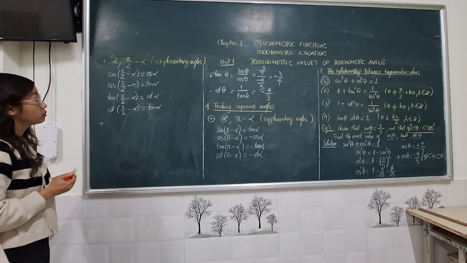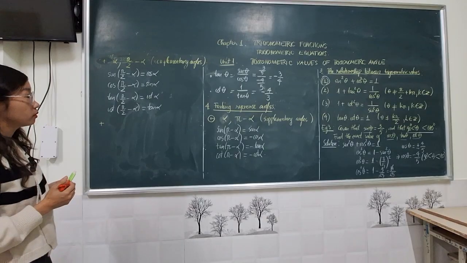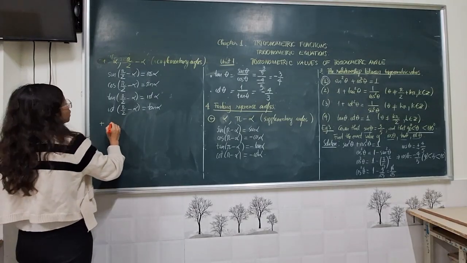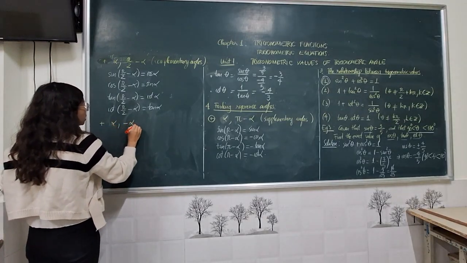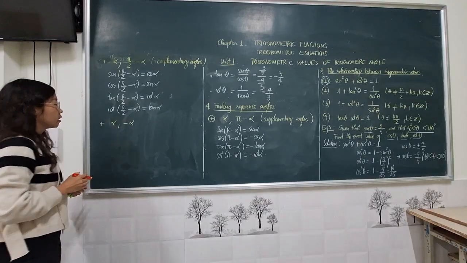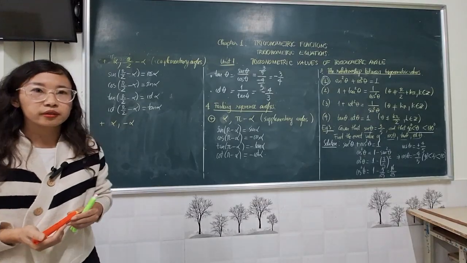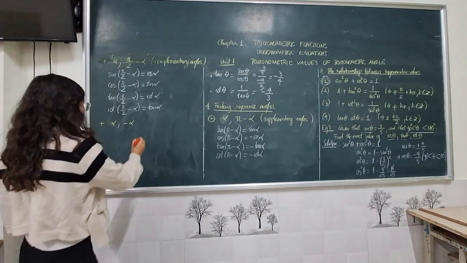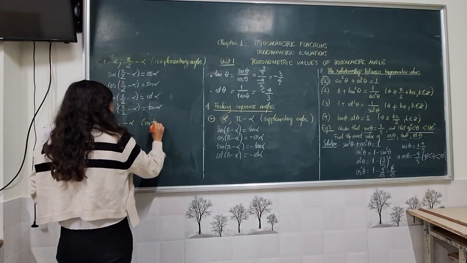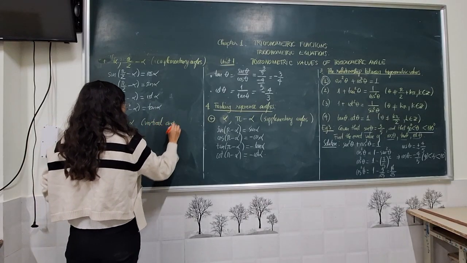And alpha and the opposite side of alpha are called vertical angles.